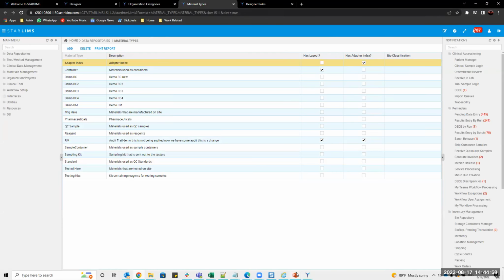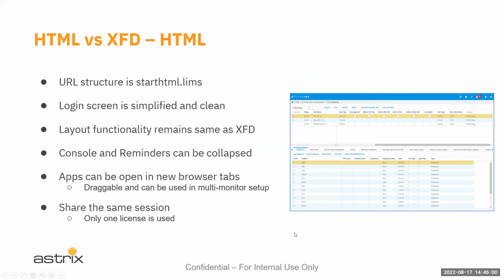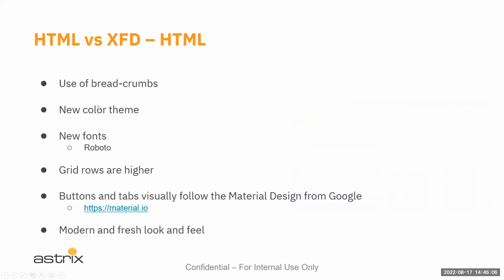So yeah, let's go back to the PowerPoint. That's what we're saying here with the new HTML. So the breadcrumbs, the color theme, the fonts, the grids change, the buttons follow a material design, right? So there was a lot of UX that went into this from STARLIMS point of view.